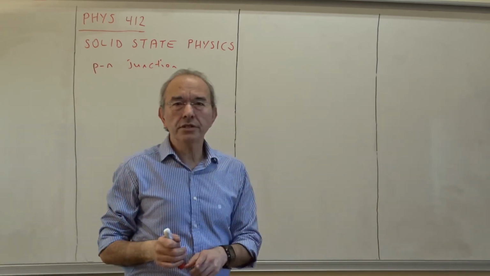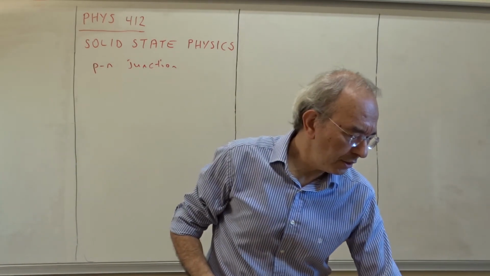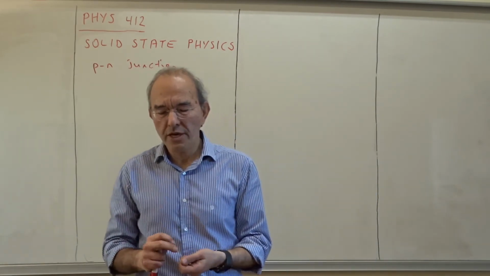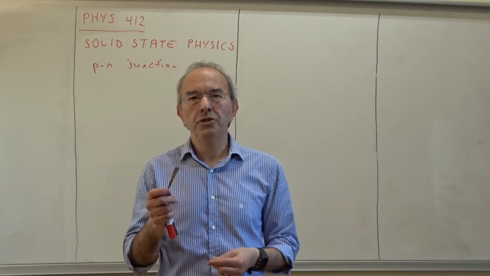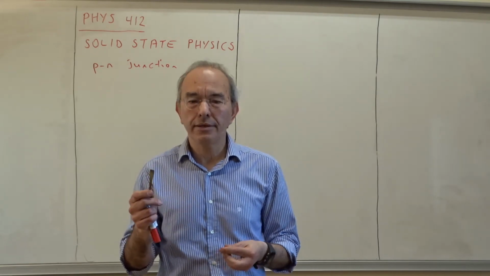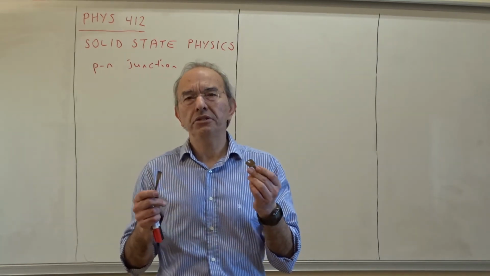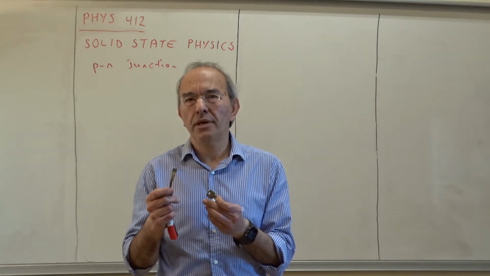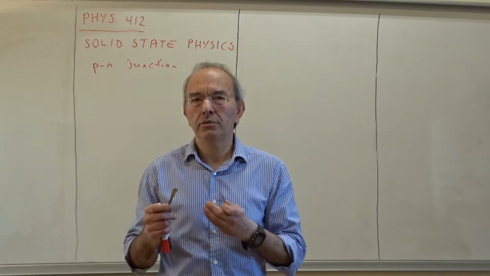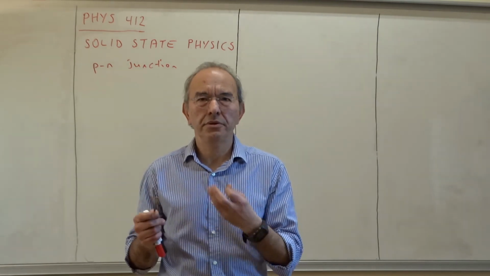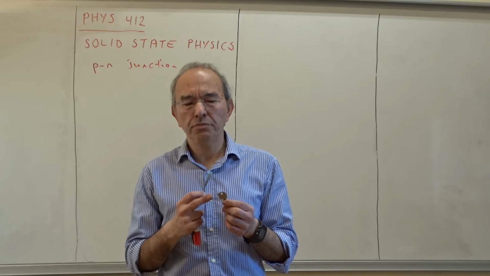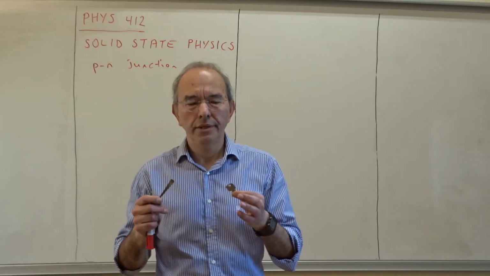Now, before we consider the p-n junction, let's consider a metallic junction. For example, we have a teaspoon of metal A and a key of metal B. Maybe the teaspoon can be silver or some other element, and the key is possibly a combination of some metals.